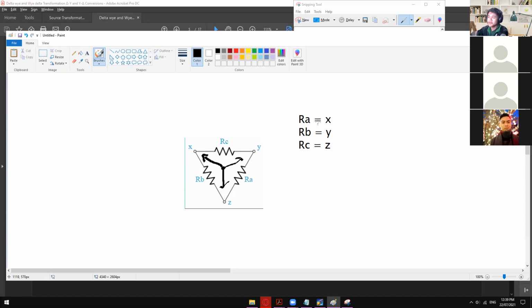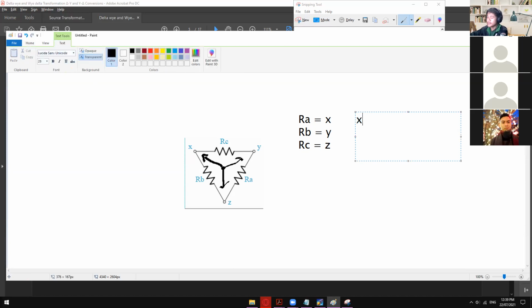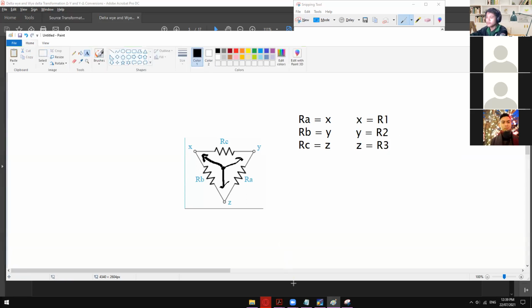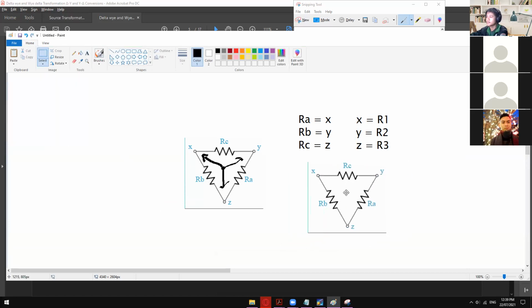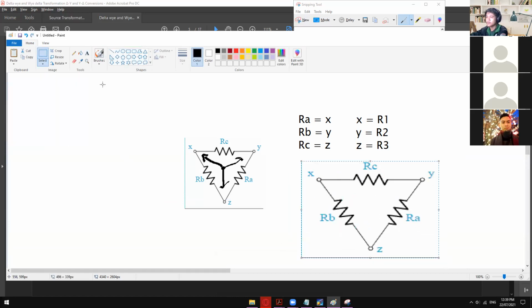Of course, after transforming this one, it will give you a specific value. So X is equal to R1, and then Y is equal to R2, and then Z is equal to R3. Okay, from here, meron pa. So magiging ganito siya, and then the extra node in here.